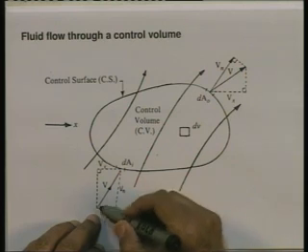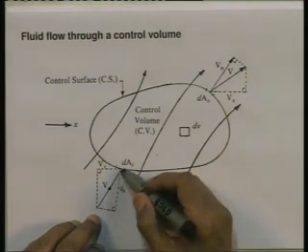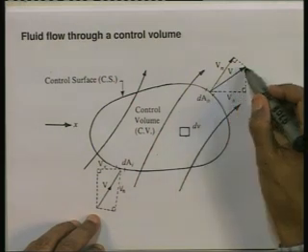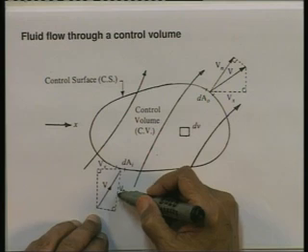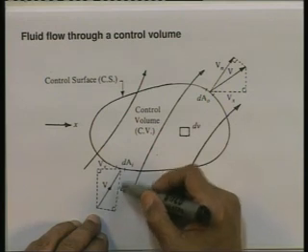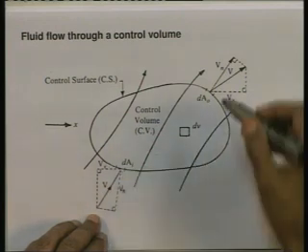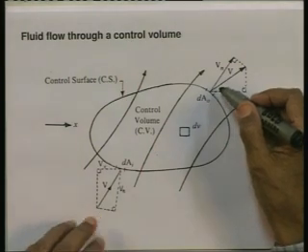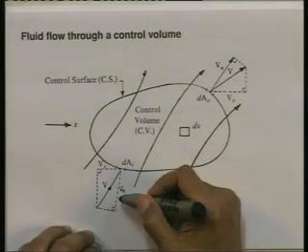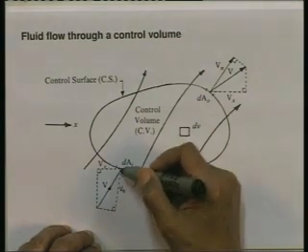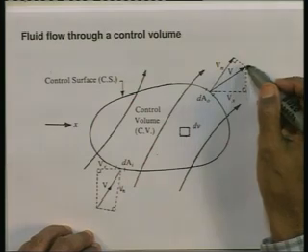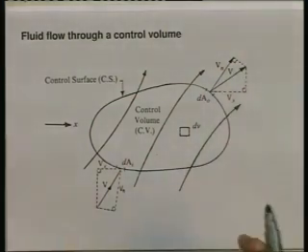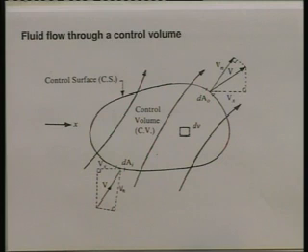The v is the velocity vector entering here, v is the velocity vector leaving here, and Vn is the normal component of the velocity vector, normal to the area dAI or dAO. Now, the convention we will adopt is Vn is positive for flow inwards, Vn for dAO is positive for flow outwards. That is a convention. We could have a different convention, just a matter of a negative or a positive sign.